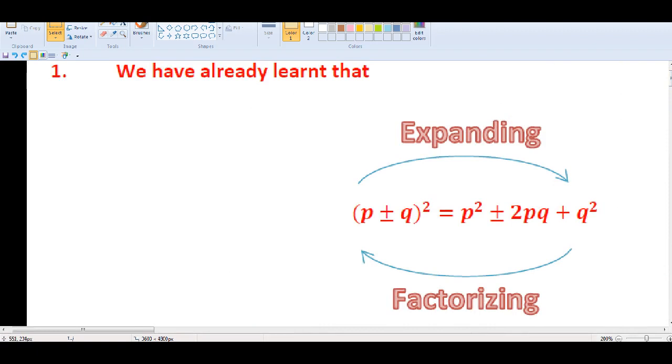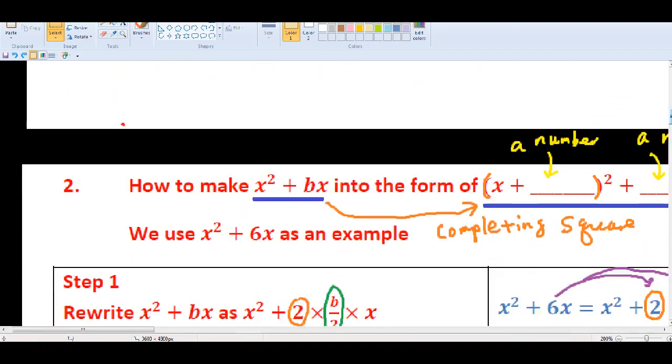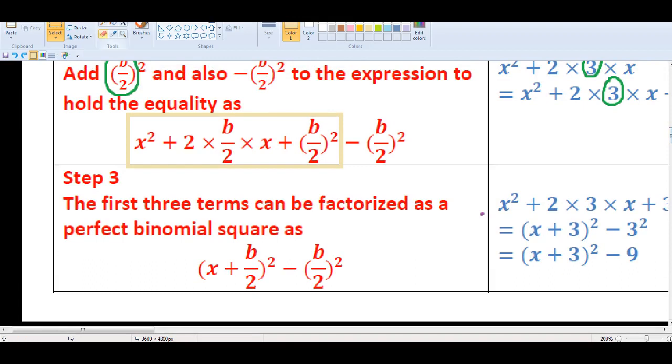But if you've got 3 terms that look like the right hand side, you can always factorize them into a complete square. So that's why you can factorize these 3 terms into a perfect binomial square.